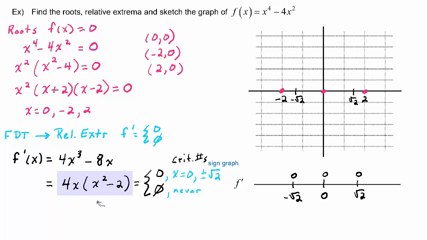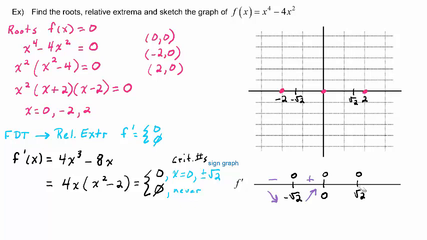So a negative times a positive is a negative, which means the graph will be decreasing. Between negative radical 2 and 0, we have a convenient test point here of -1. So this would be negative. And if we put it in here, this would also be negative. Negative times negative is a positive, which means the graph will be increasing.